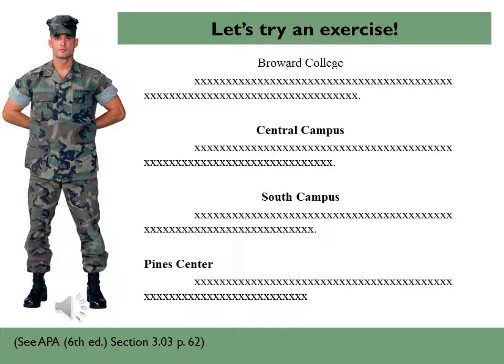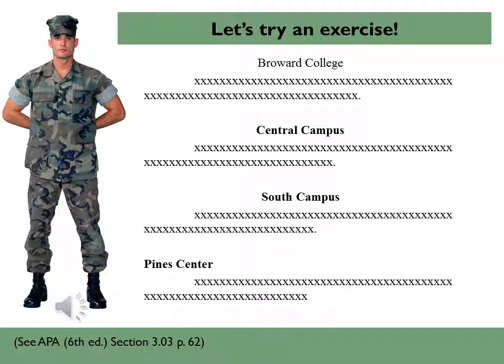But I'm not done discussing the South Campus yet, because the Pine Center also relates to the South Campus, so I will indicate that with heading level 2. And that's flush to the left, it's boldface, and it's also upper and lowercase. Then the X's underneath of the Pine Center section indicate my discussion about the Pine Center.